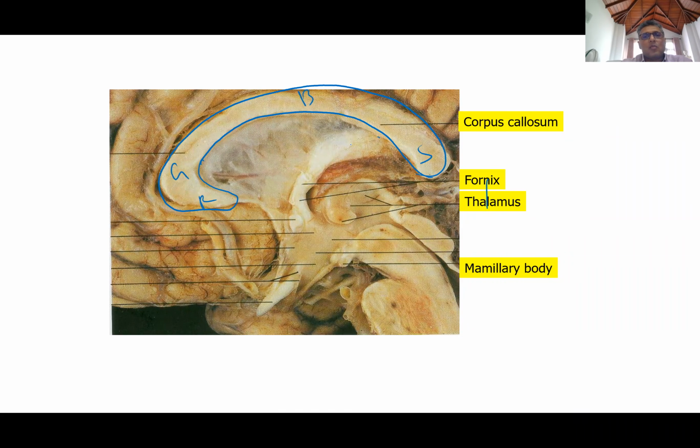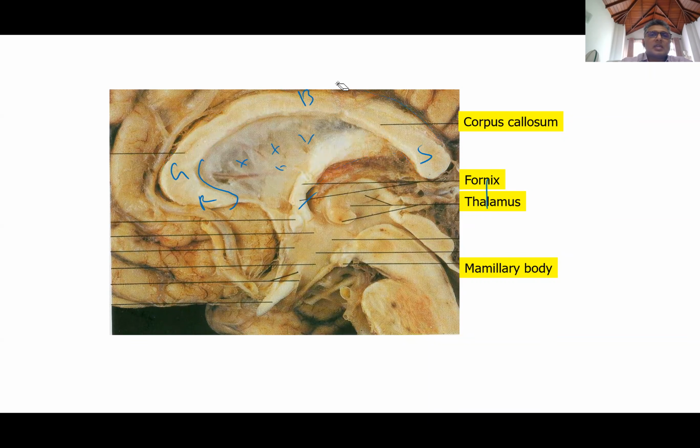And this is your fornix. Between the fornix and the corpus callosum, you have a thin membrane called the septum pellucidum. We will learn that later.